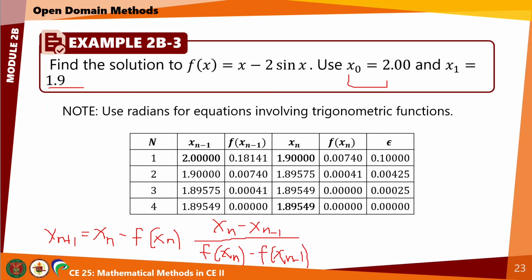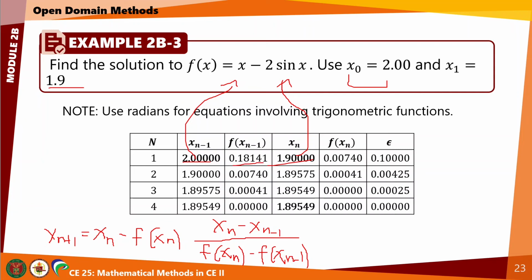Okay, so kung meron tayong dalawang initial values na 2 and 1.9, substitute natin yung 2 sa function. Substitute din natin yung 1.9 sa function. Pag 2 yung sinubstitute natin, if you try sa calculator na naka-radians, we have here 2 minus 2 sine 2. You get 0.18141. Tama.